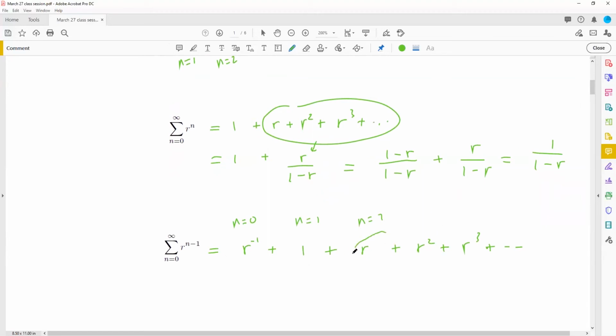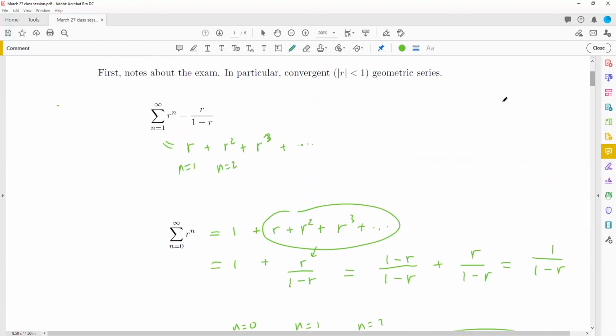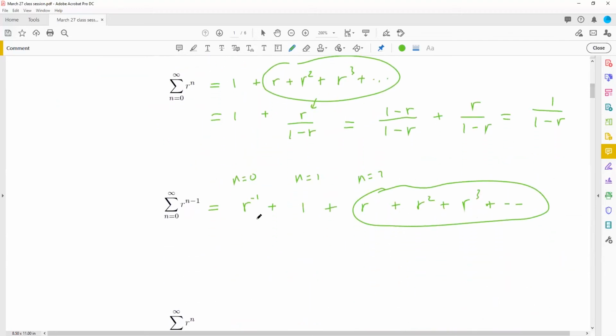Now, if it was just this part, then that's just going to be r over 1 minus r. But you have all this stuff too, right? So another trick you can do is factor out, in this case, 1 over r squared. Because this first term is really just 1 over r.